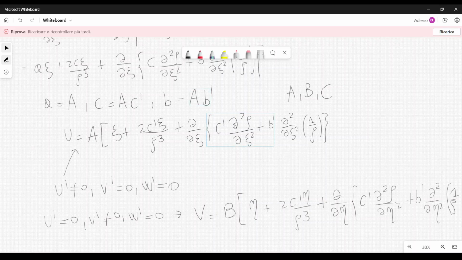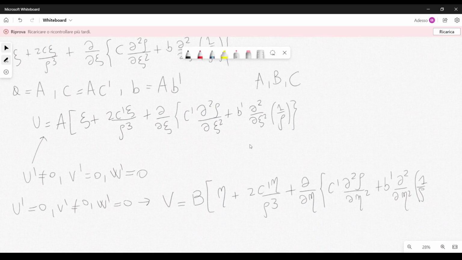So by using superposition, this is what we have. Let me close the brackets here. I also have to close the bracket up here for u.